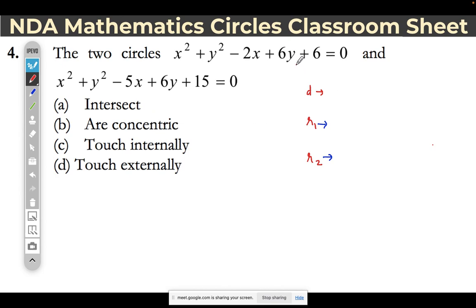If you answer this question: touch internally is what is being stated by one dear friend of mine. The centers are 1 comma minus 3 and 5 by 2 comma minus 3.